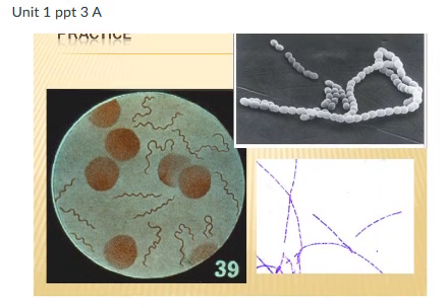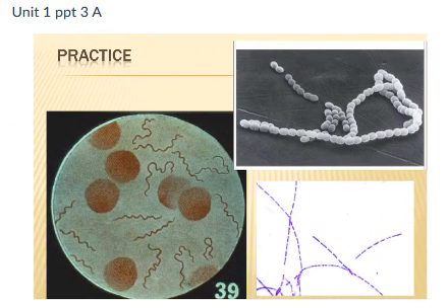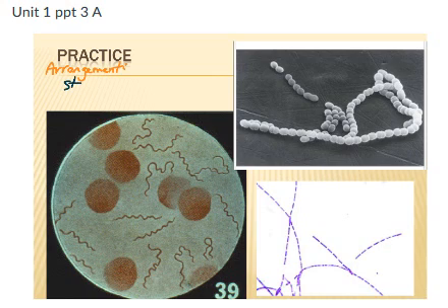So if we take a look at this, and I add one more aspect to this, we just covered morphology, but there is another term that's incredibly important, which is known as arrangement. There are basically two types of arrangements that we're going to cover in here. One is staphylo, which are the arrangement or shape of what would look like clusters of grapes.